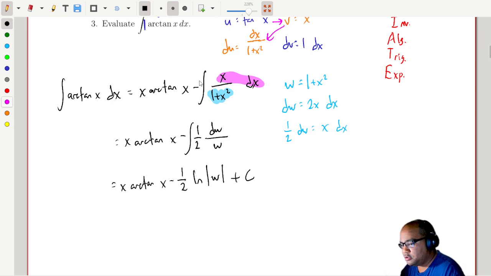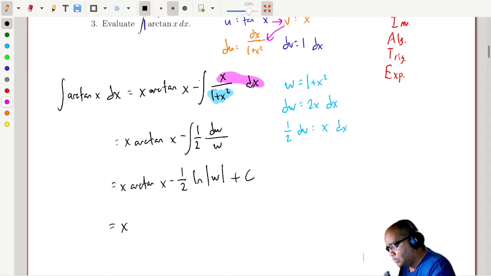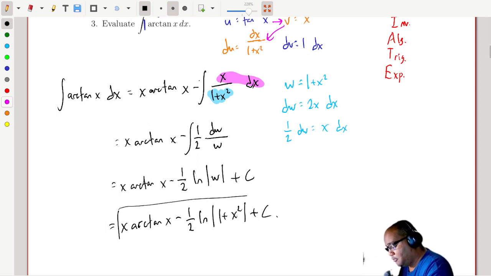And now we just go ahead and replace back. So the result here: x arctan x minus 1/2 log of 1 plus x squared in absolute value plus a constant. And folks, you're done.